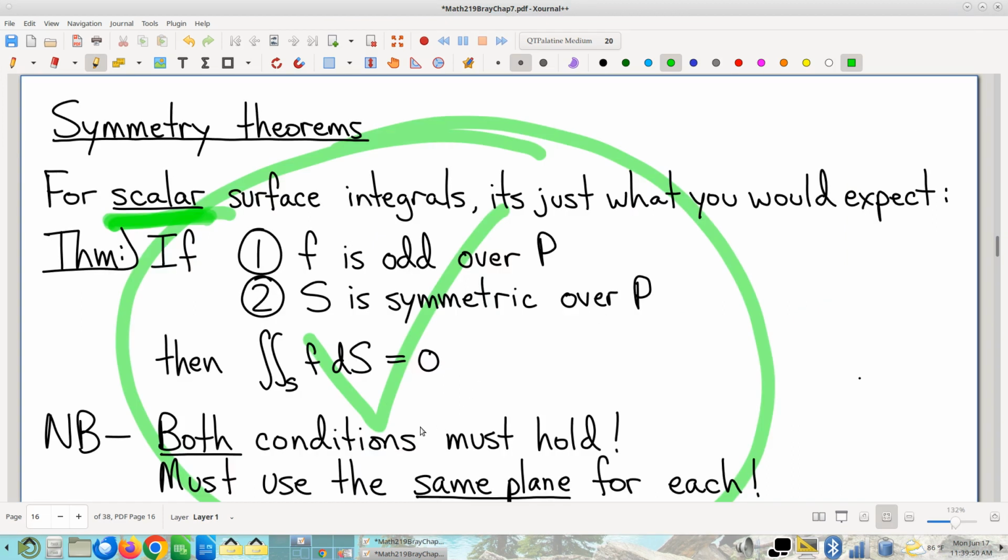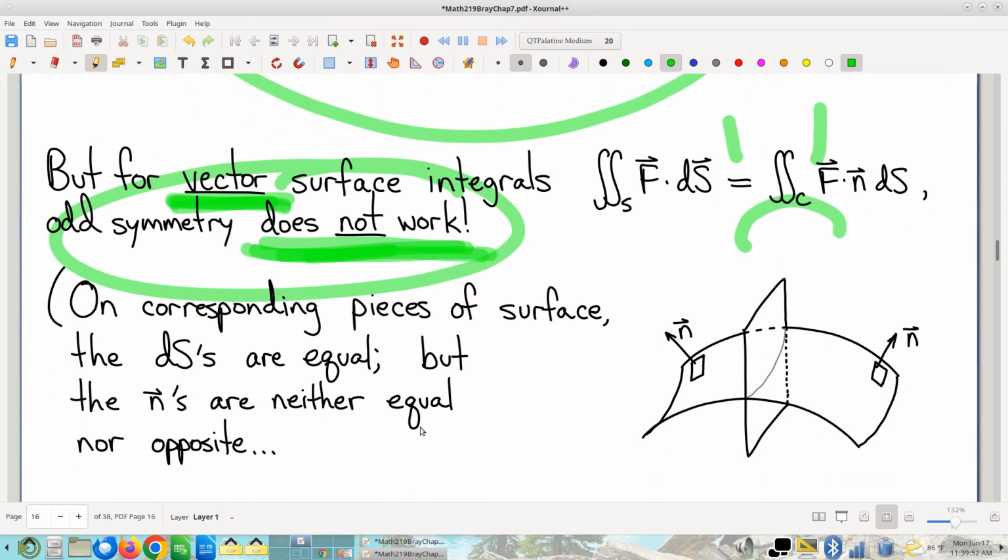But let's get back over here where I can focus. Why doesn't this work for vector surface integrals? Well, it's, again, because of the orientations, not tangent vectors, like vector line integrals, but our orientation unit normal vectors that are kind of hidden inside of our ds vectors. They're not the same as each other. They're not opposite of each other.